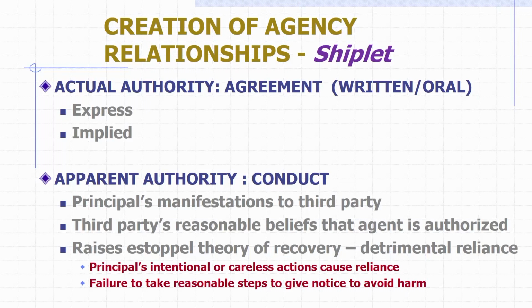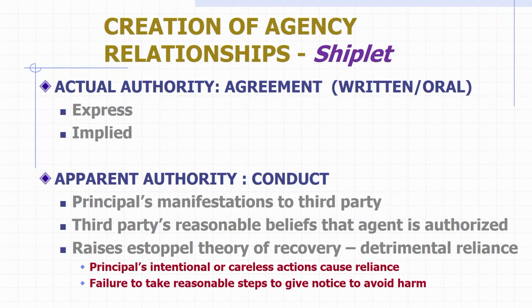that can raise this issue. We talked about the estoppel theory of recovery. Basically, if I've relied on the manifestations that you've made as a principal as regards somebody's authority, then if I am injured by that, I still should be able to go after you, even if you claim they didn't have actual authority. You led me to believe that they had this authority.